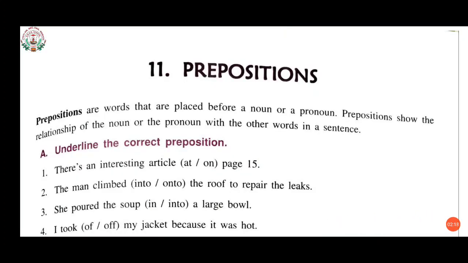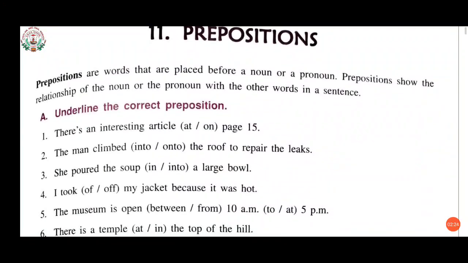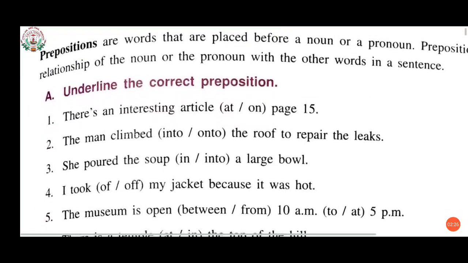Here students, you can see lesson number 11 of your book, that is prepositions. First question is A: underline the correct prepositions. As I said, we have to use in, at, onto, into, from, by, all these are prepositions.